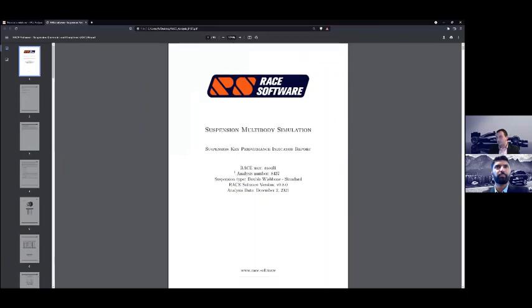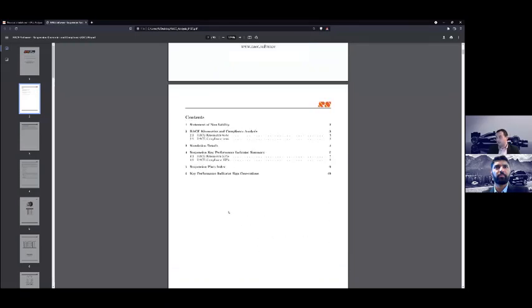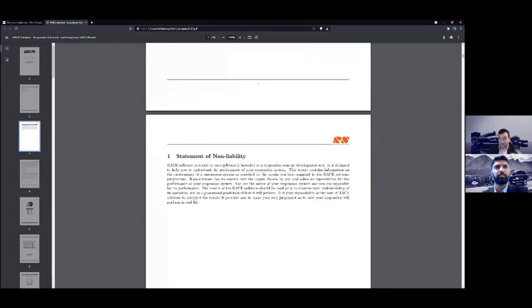The first page gives you a bit of indication about your simulation, the date, the type of suspension system that you use, and so on. The second page is a fully navigable table of contents and a statement of non-liability. Obviously, if you are going to do a flying car, it's down to you for your achievements.